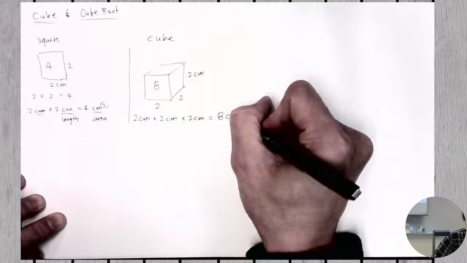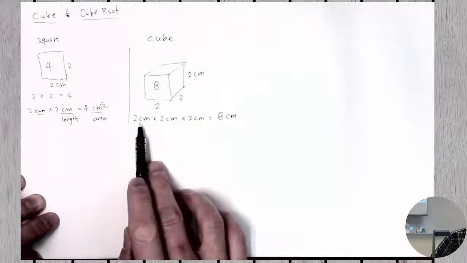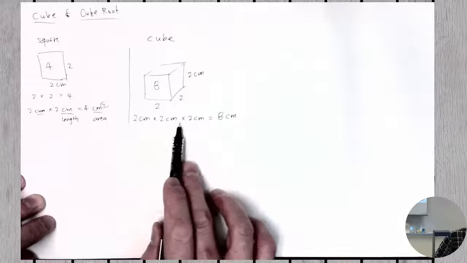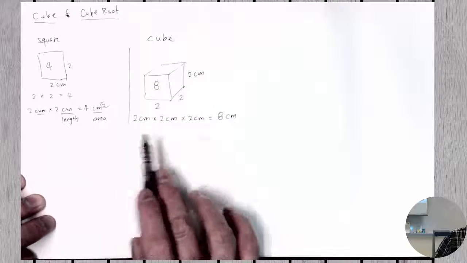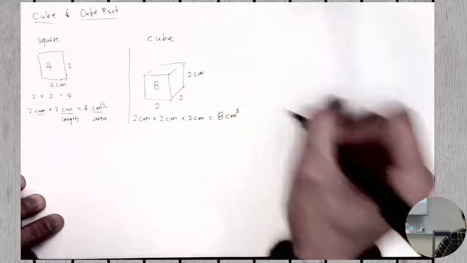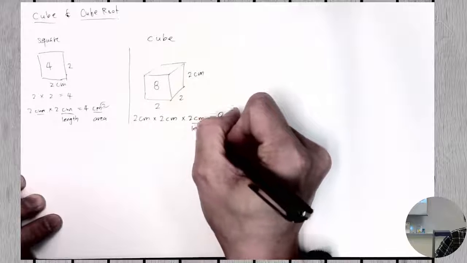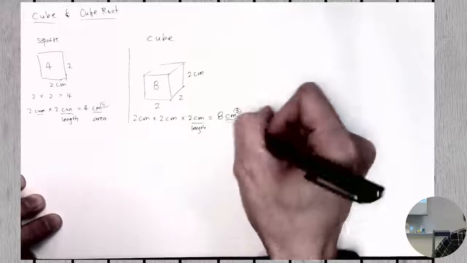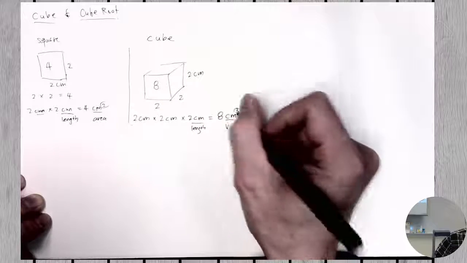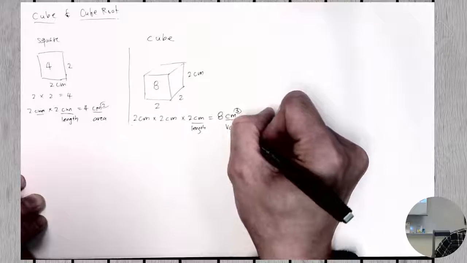In this case, we have centimeter once, centimeter twice, centimeter 3 times multiplied together. So it's a power of 3. Again, this is our length, and the cube version tells us that that's a volume.